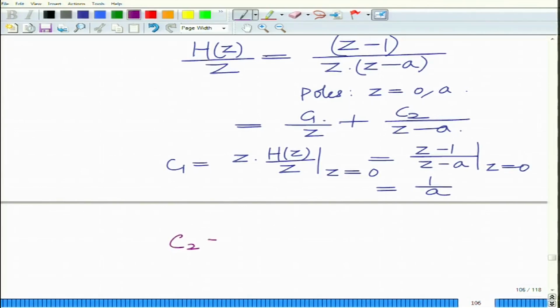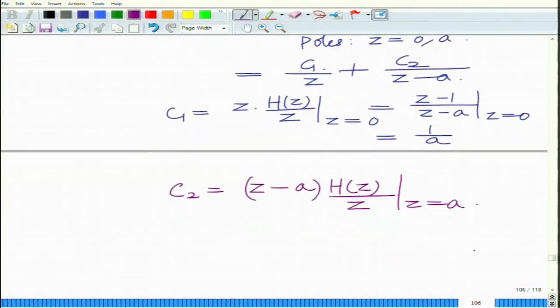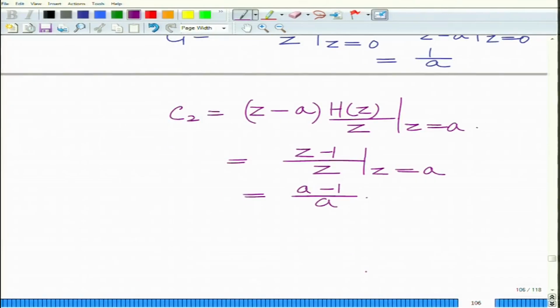Now, C2 equals (z minus a) into H(z)/z evaluated at z equals a, which will be (z minus 1) over z evaluated at z equal to a, which is (a minus 1) over a, or basically also minus (1 minus a) over a. That is the coefficient C2.